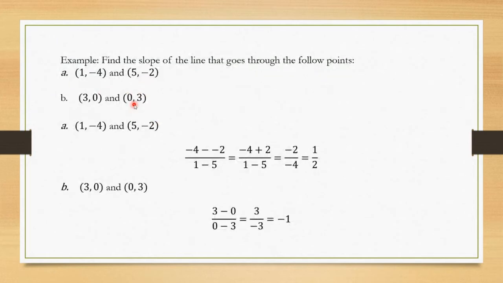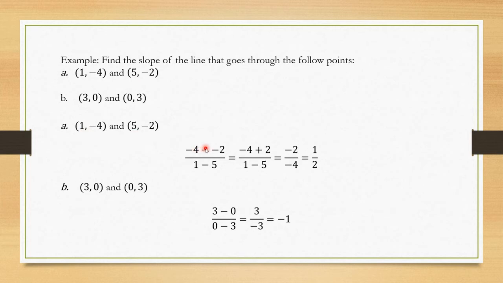If we're going to get the slope of these, we have 1, -4 and 5, -2. We want the slope of the line that goes through these points. We did an example like this last time. Again, it's change in y over the corresponding change in x, so I'm doing -4 minus -2 over 1 minus 5.